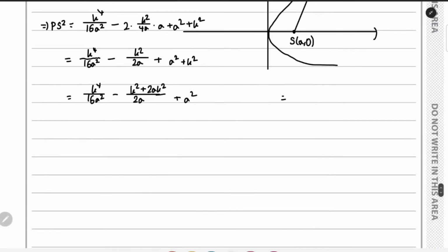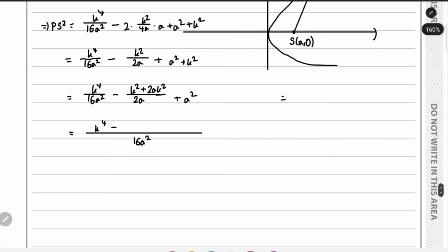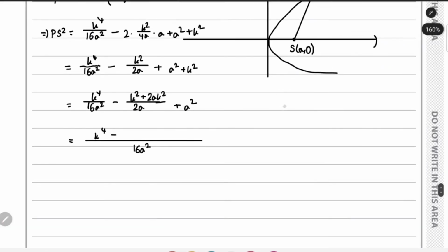So if we do that, we'll have 16a square over here, k to the power 4 minus, now we have to multiply this with 8a, since we get 16a square if we multiply 2a with 8a. So minus 8a k square plus 16a square k square plus 16a to the power 4.